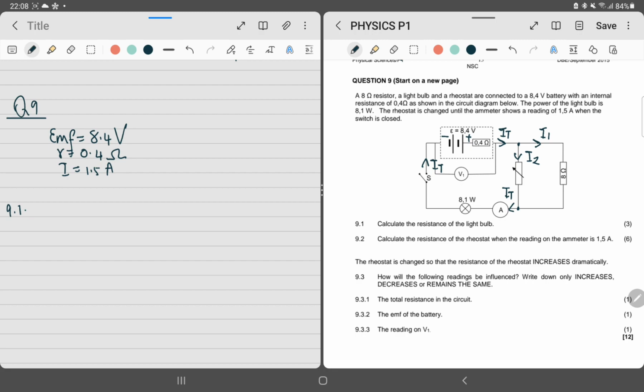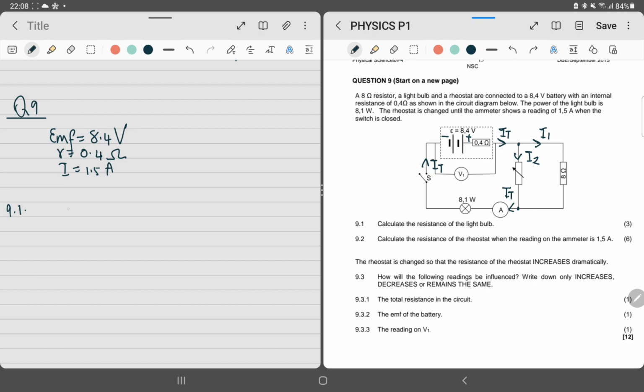9.1. Calculate the resistance of the light bulb. So we have the total current, and then we also have the power of the bulb. We said that through the bulb or through A, that will be the total current that's passing there.